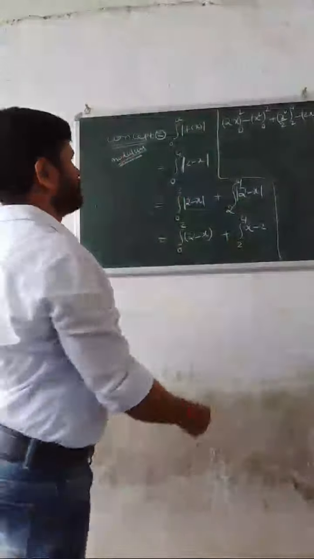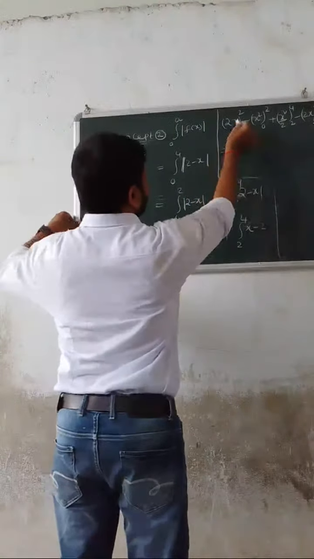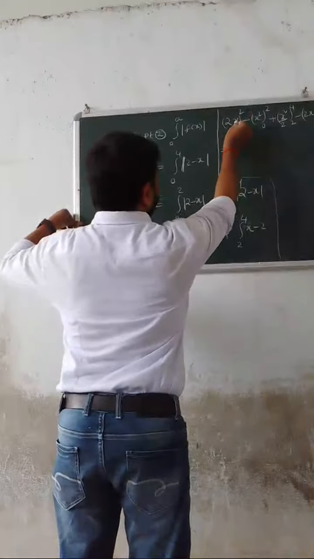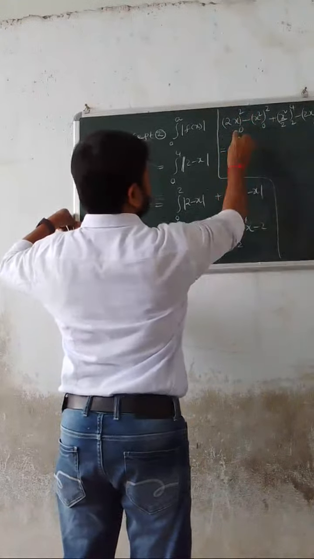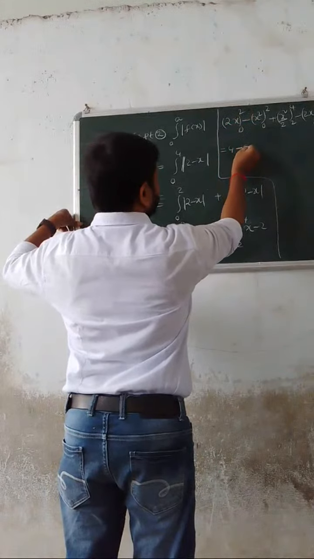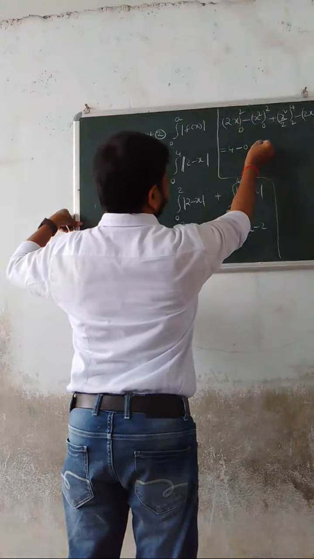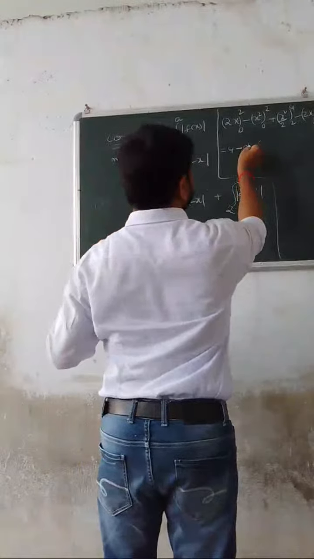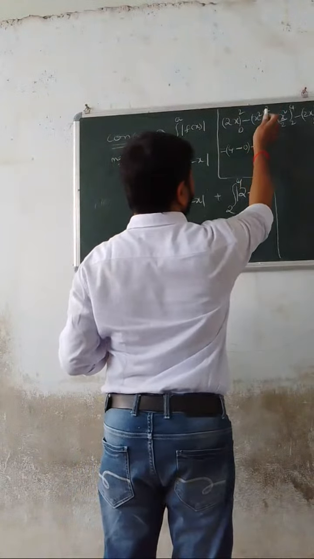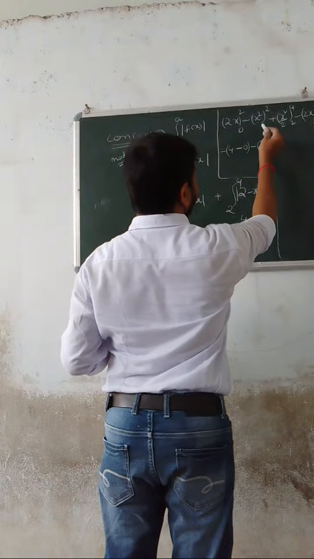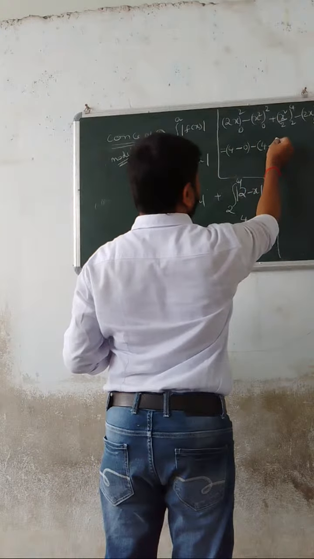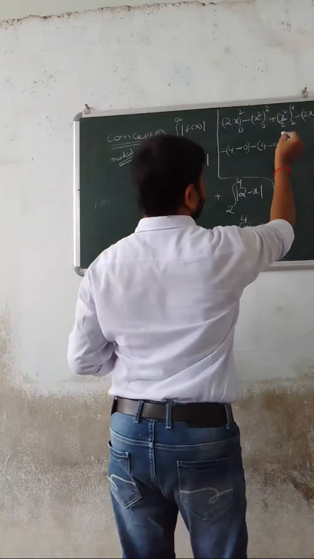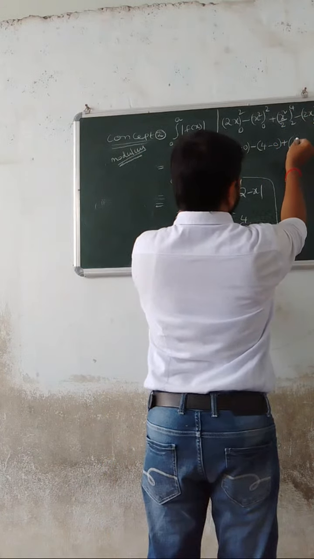Okay? Now the simplification starts. If it is 2, 2x is 4, minus, if it is 0, 2 into 0 is 0. Again, if it is 2, x square means 2 square, 4, and if it is 0, 0 square. And if it is 4, 4 square is 16.